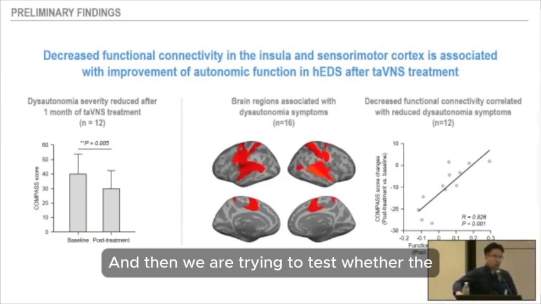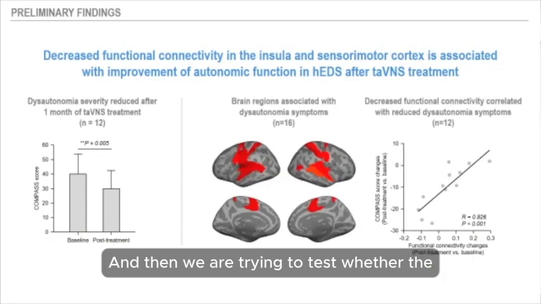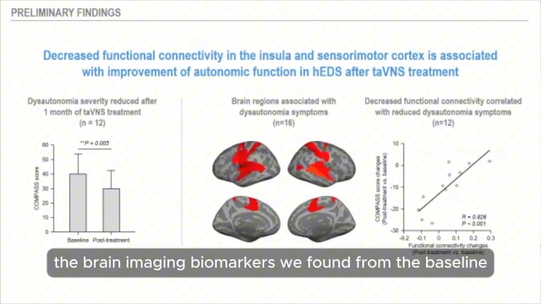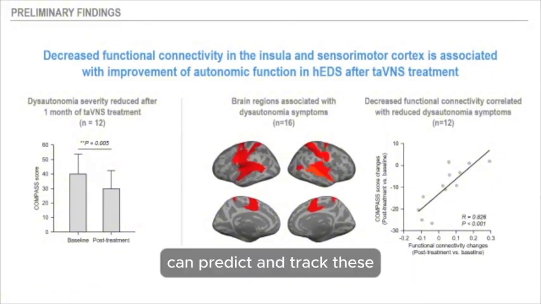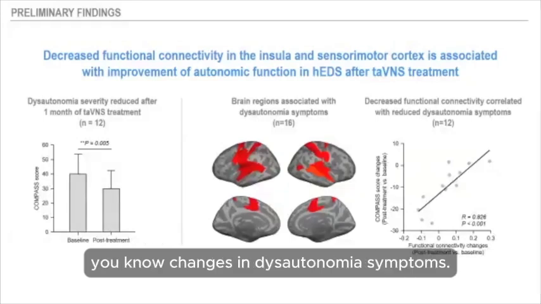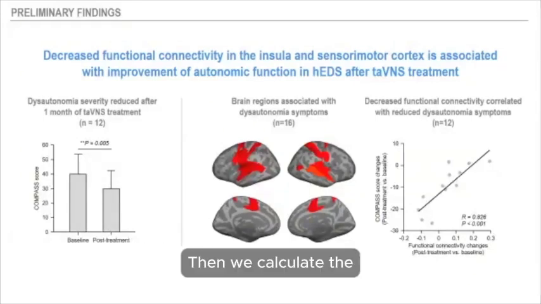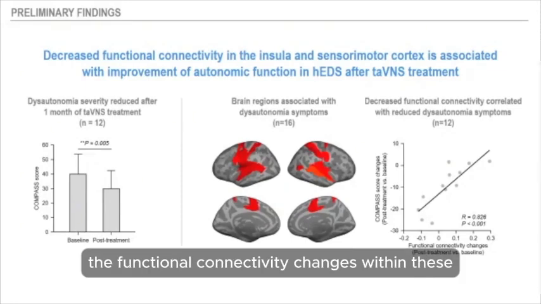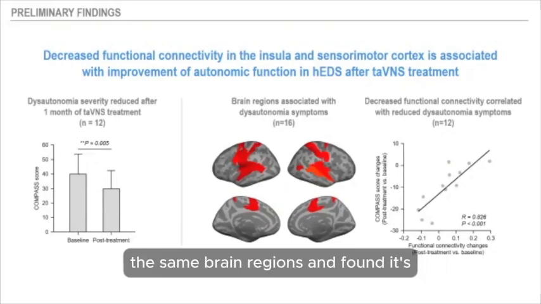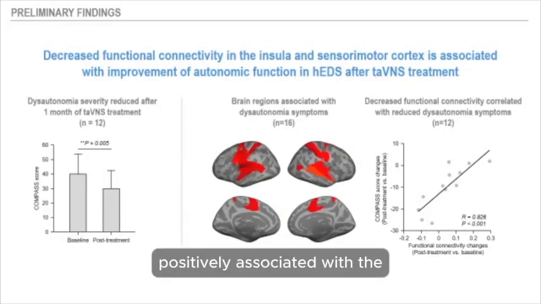And then we tested whether the brain imaging biomarkers we found from the baseline can predict and track these changes in dysautonomia symptoms. We calculated the functional connectivity changes within the same brain regions and found they are positively associated with the dysautonomia symptom changes.